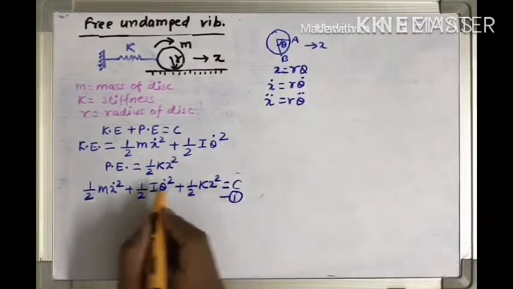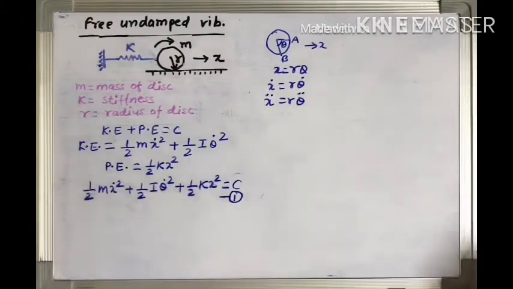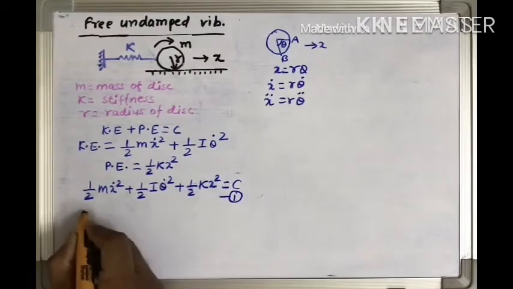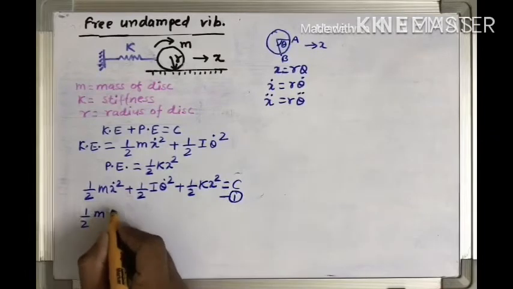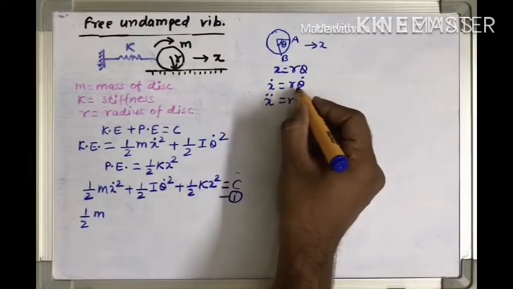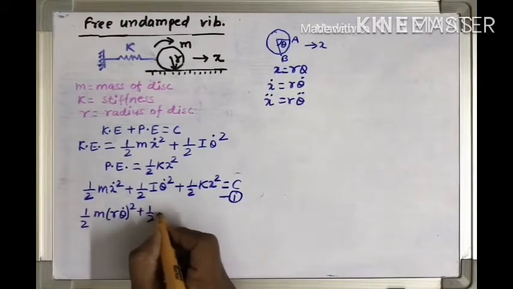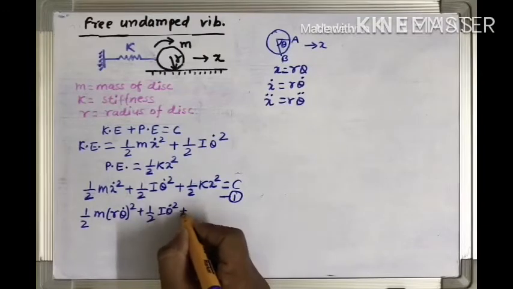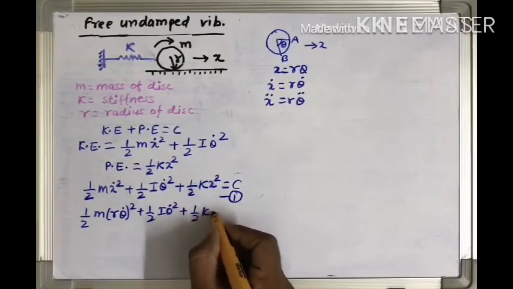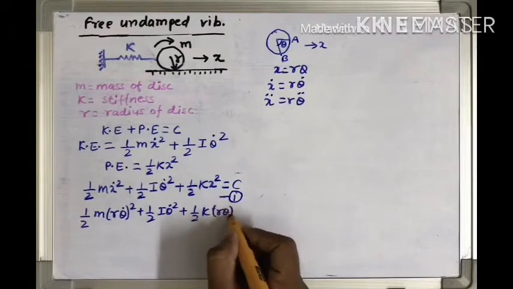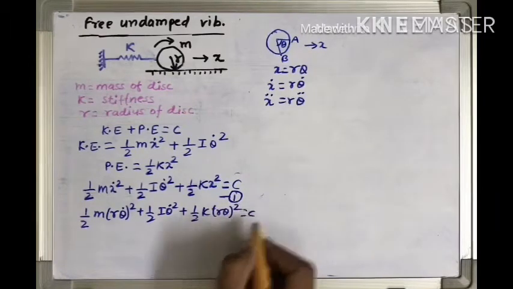Fine. So if we want to differentiate this equation, first of all we need to make it uniform. We have to change all x into theta, or all theta into x. So I can write 1 by 2 m, and in place of x dot, r theta dot, so it would be r theta dot square, plus 1 by 2 I theta dot square, plus 1 by 2 k, and in place of x I can write r theta, squared, is equal to constant.